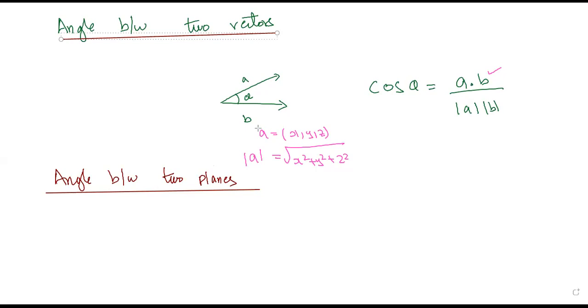The angle between those two planes would be the same as the angle between their normals, okay? So you will just calculate the normal vectors of that plane, and then you can just find out the angle between those, right? And then that will give you the angle between the planes. Did you understand this?